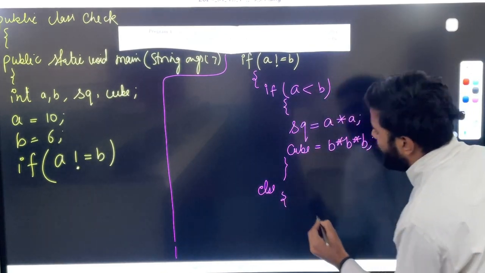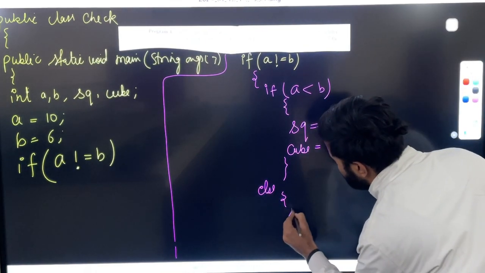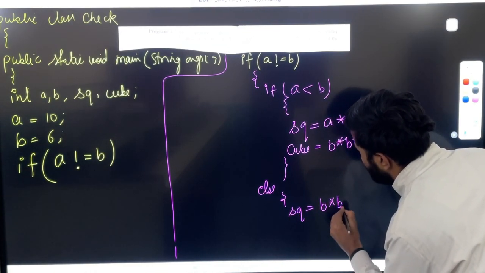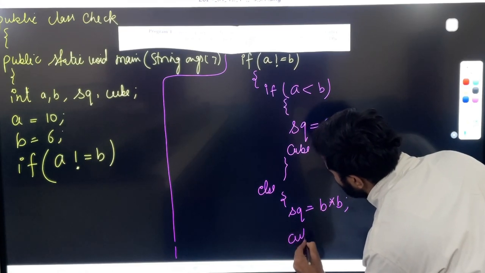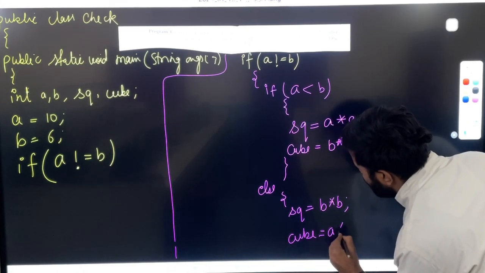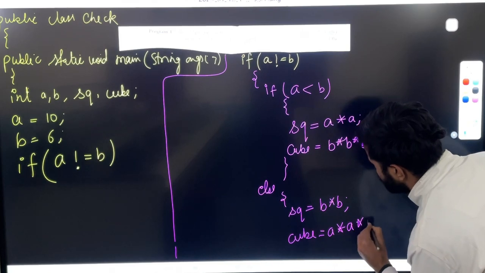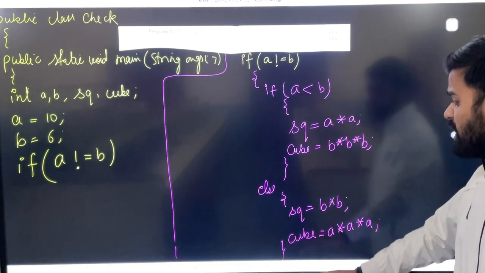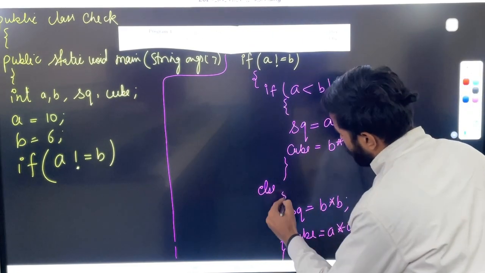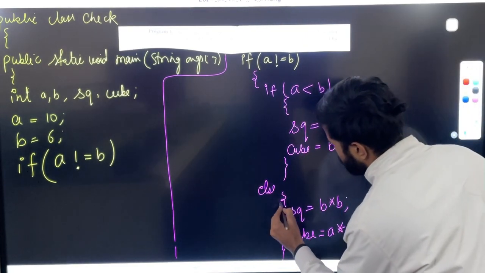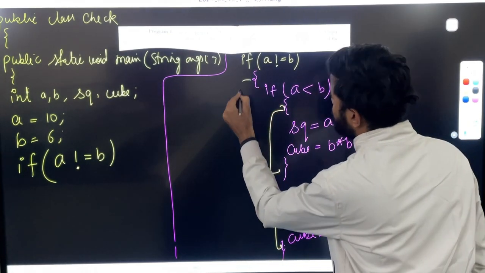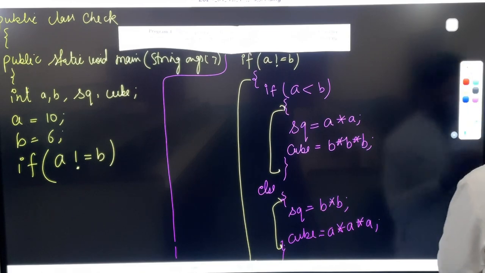So without checking any condition, directly we will write sq is equal to b into b and cube is equal to a into a into a. This will be closed. Now after this, class, we will close this curly bracket, this curly bracket, and this curly bracket also.